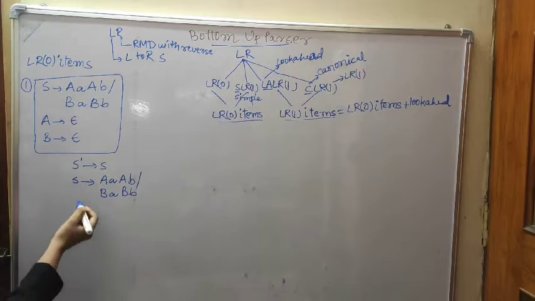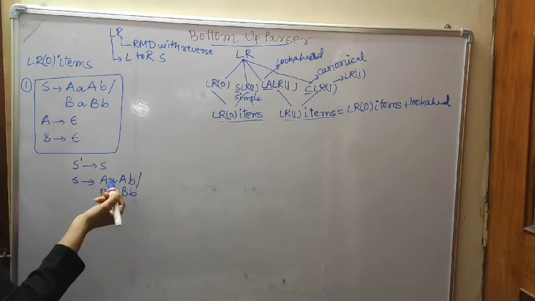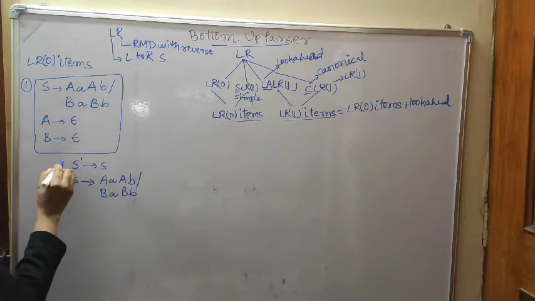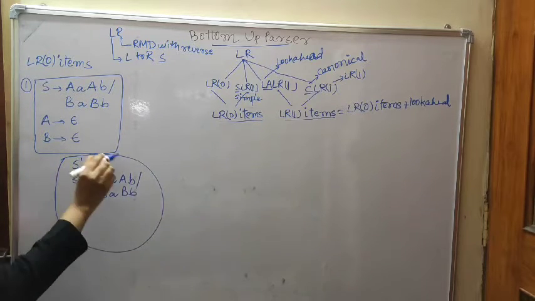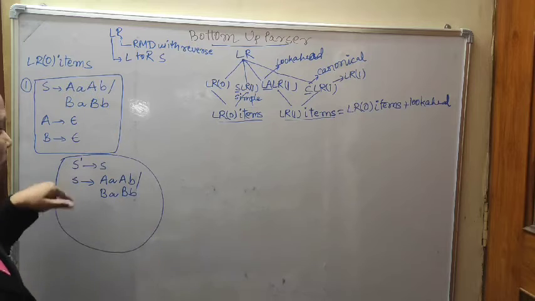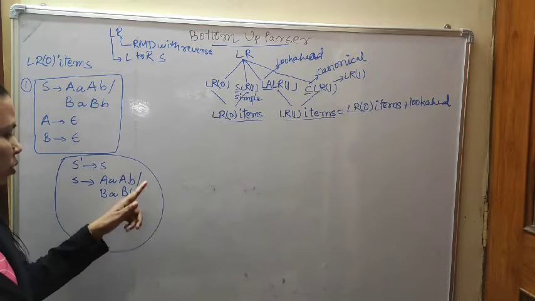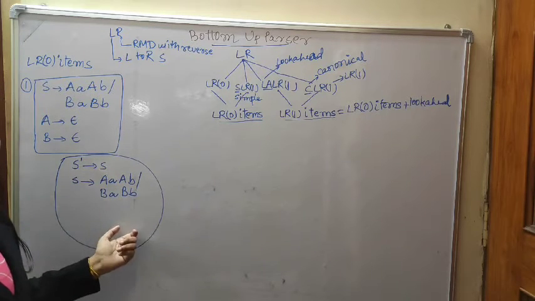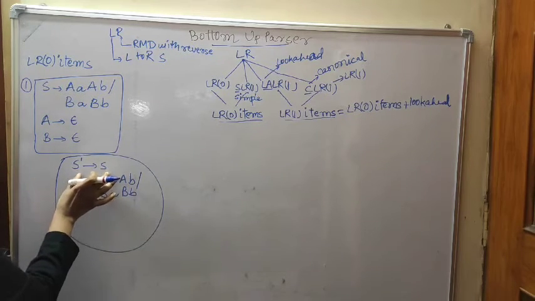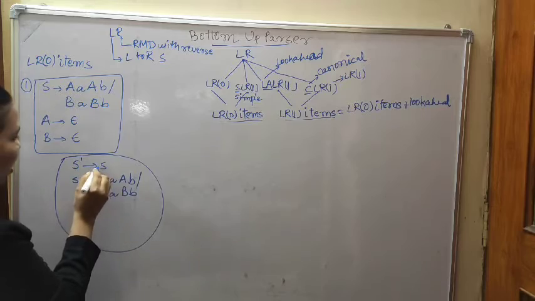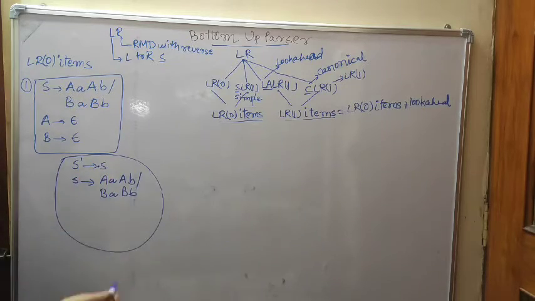Now, whenever in a diagram we write the production rules, this diagram is called a closure. So S' goes to S, we always start from the augmented grammar, and here we put the dot.